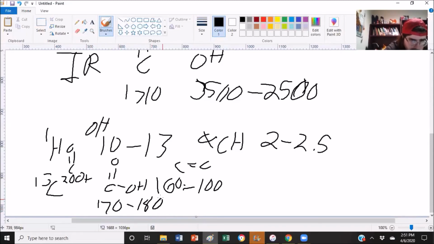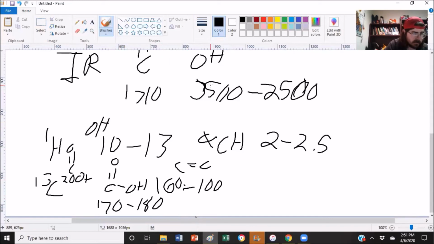These could be ketones. These could be esters. They could be amides. They could be carboxylics. But they're right in the middle, really high up there, and they're usually a dead giveaway that I have a carbonyl, especially if I see this OH stretch in the IR.